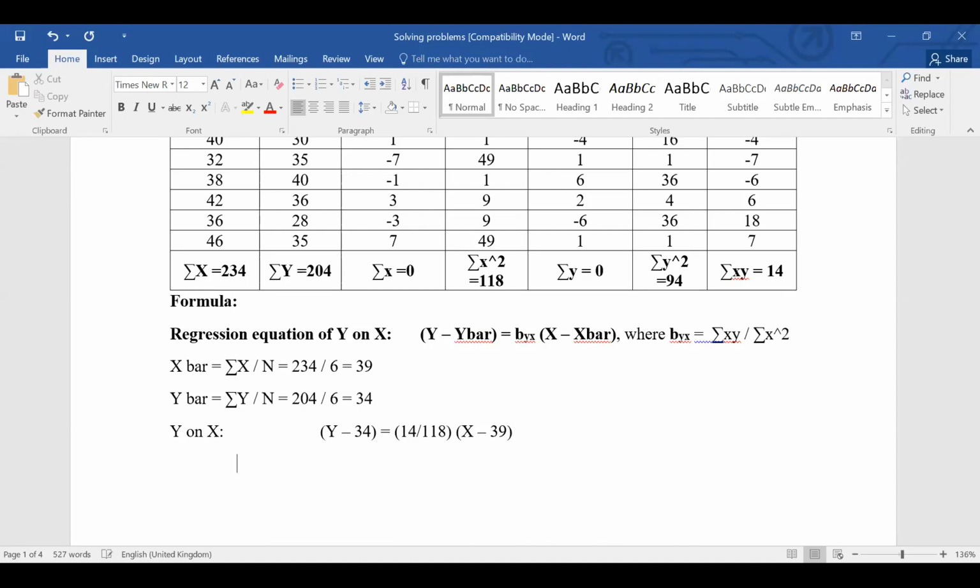Okay. Now we find out the value. Y minus 34 into, what is the value? 14 divided by 118. Anyone? 14 divided by 118. So what is the answer? 0.118.